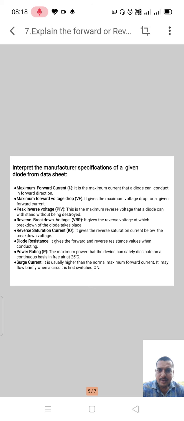Next one, interpret the manufacturer's specifications of a given diode from the data sheet.